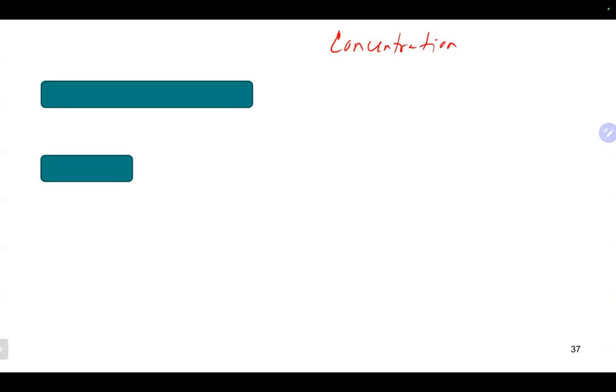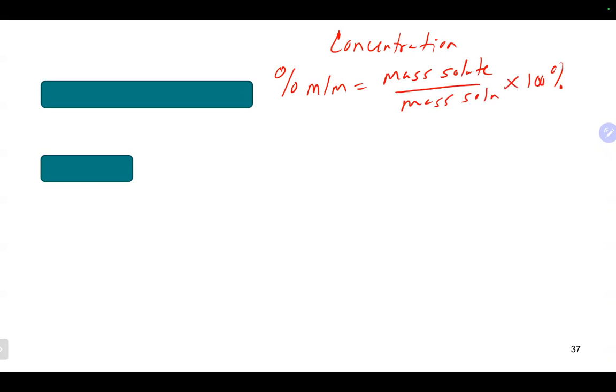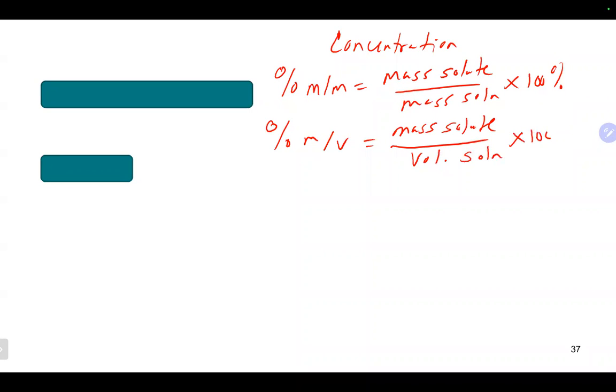We talked about percent concentration units, like percent mass to mass, which is the mass of the solute divided by the mass of the solution times 100%. We also talked about percent mass to volume, which is the mass of the solute divided by the volume of solution times 100%.